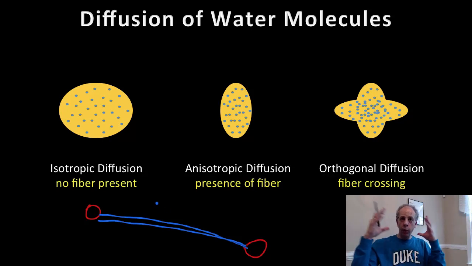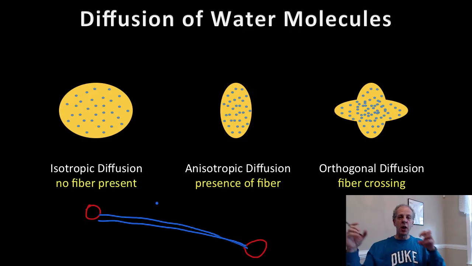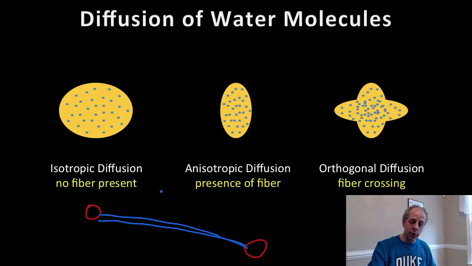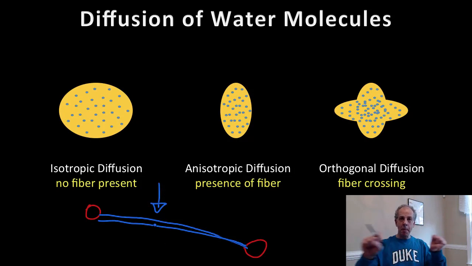Now, we have water, and diffusion-weighted imaging is trying to measure the water diffusion in the brain. Now, assume that I try to make water go through the bundle in this direction. Because the bundle is there, water will have a challenge to move in that direction.